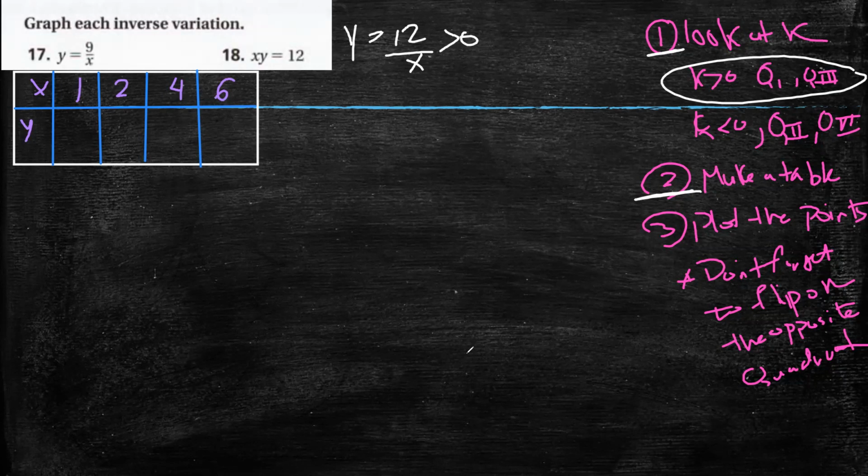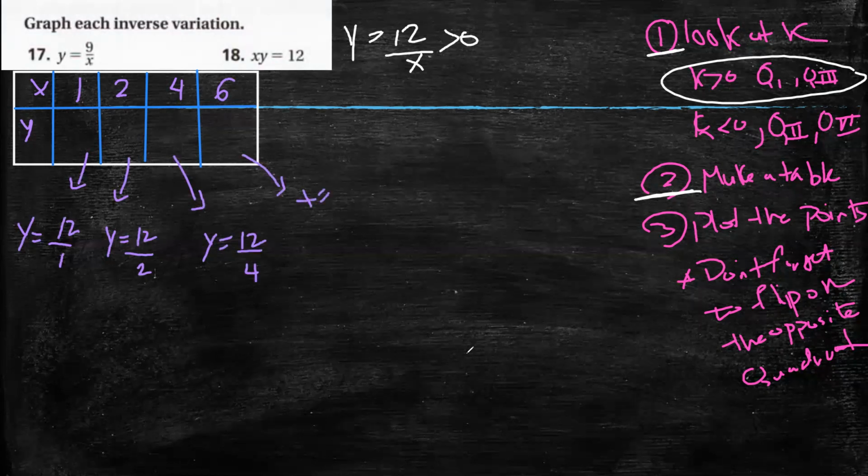Then, after that, let's find y. How to find y? By using the equation. In this case y is 12 over 1, here y is 12 over 2, 12 over 4, and 12 over 6.